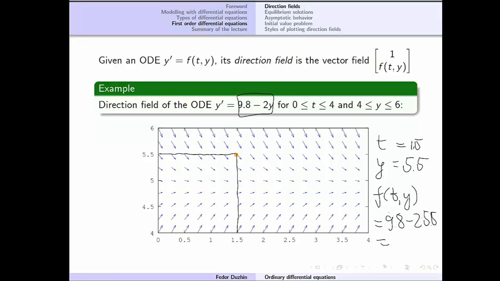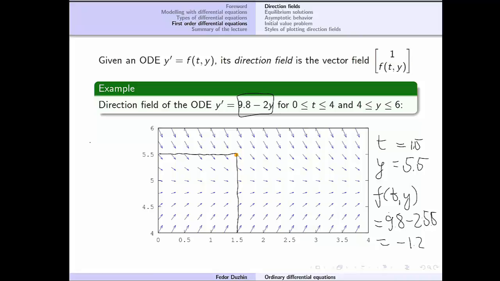Right, 2 times 5.5 is 11, so 9.8 minus 11 is minus 1.2. So it means that at this point the vector that we should plot is the vector with coordinates 1 and minus 1.2, right?